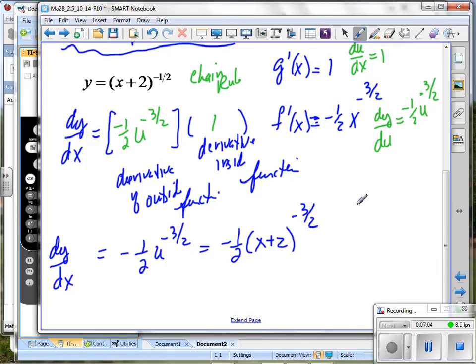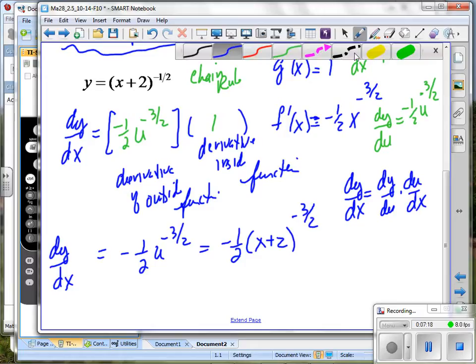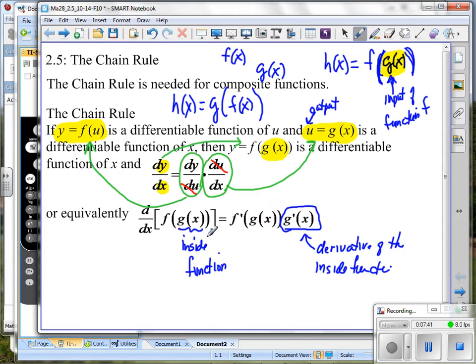That's going back and using dy dx is equal to dy du times du dx. Remember, when we do this chain rule, those differential du's cancel out. We have the dy du, that's this, and the du dx is here, and we didn't actually go through and cancel those, but they cancel by nature of what they are. But let's look at it now with the alternate, and the alternate is this. Let's go back and look at this.